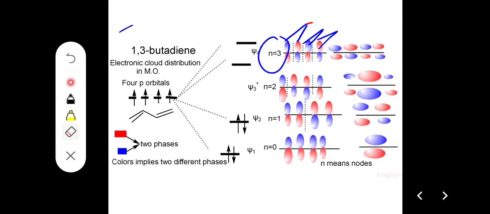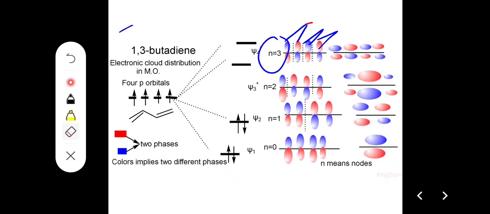Psi 2 is the highest occupied molecular orbital because it has the highest position and is occupied by electrons, so it is termed HOMO. Psi 3 star is the LUMO, the lowest unoccupied molecular orbital, which is unoccupied and lowest in energy.